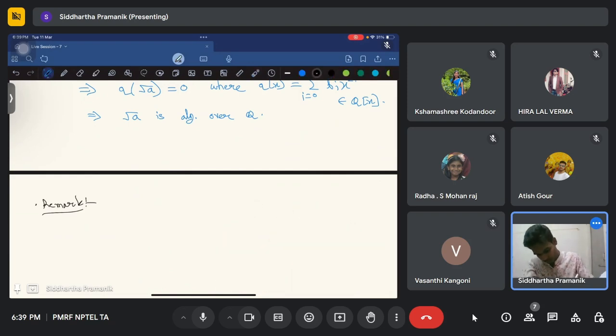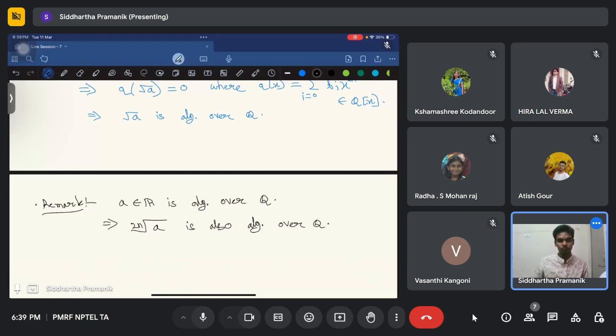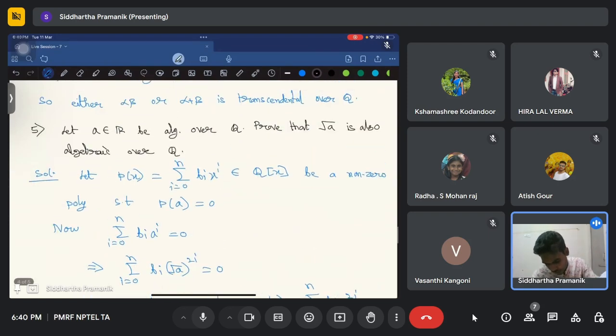So A belongs to R is algebraic over Q. That will imply if you take the 2^n-th root of A, that is also algebraic over Q. So that is the more general part.